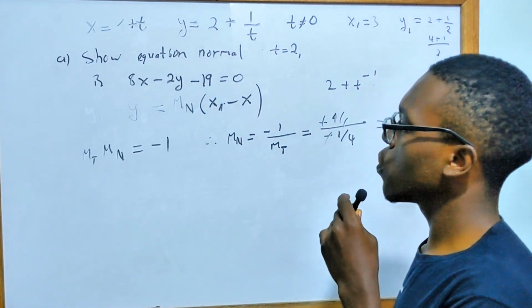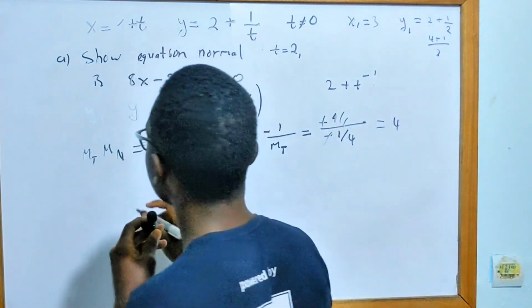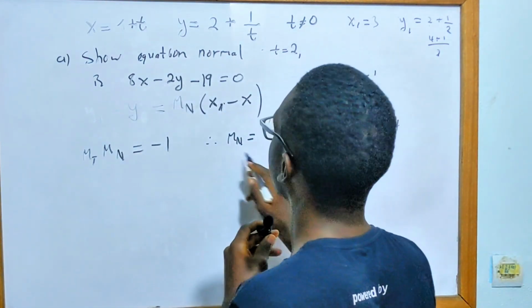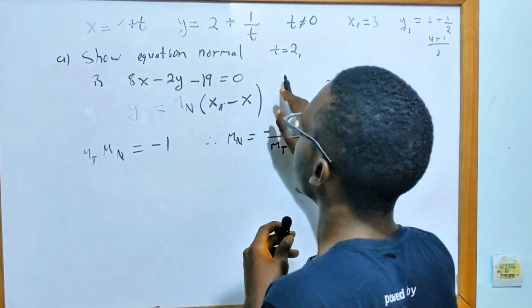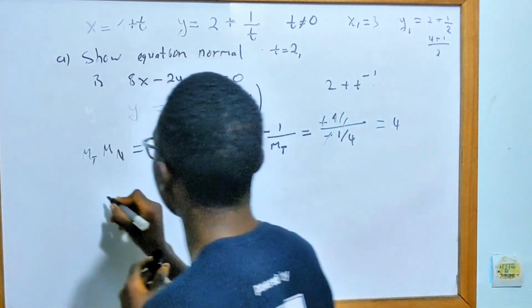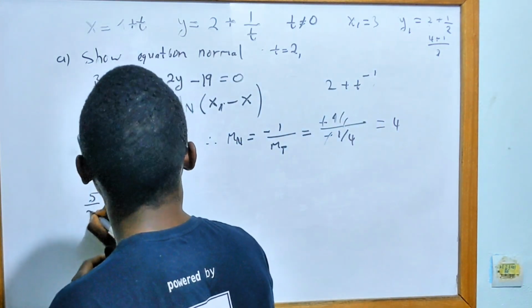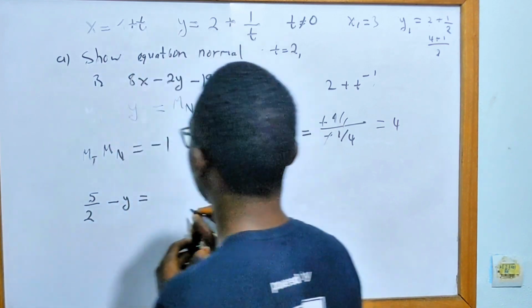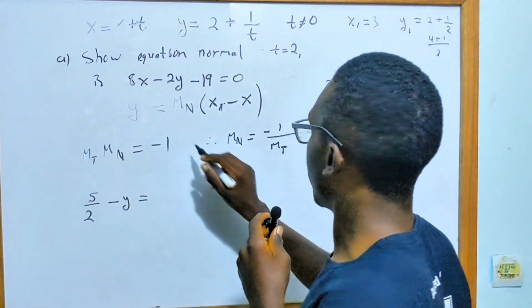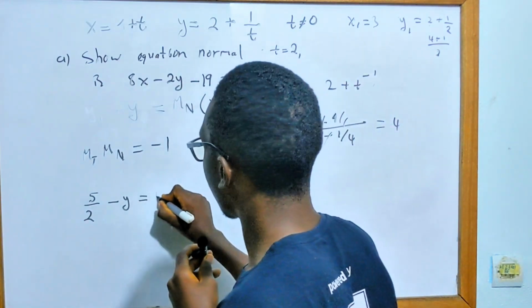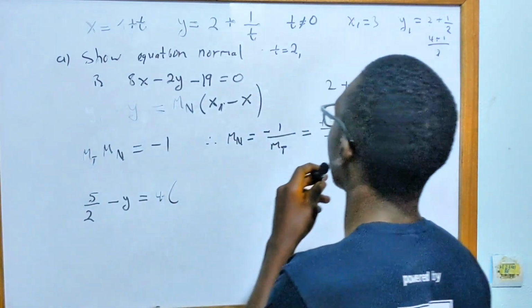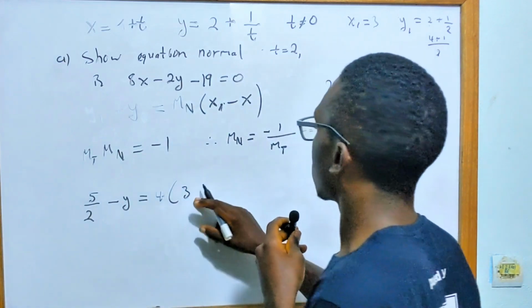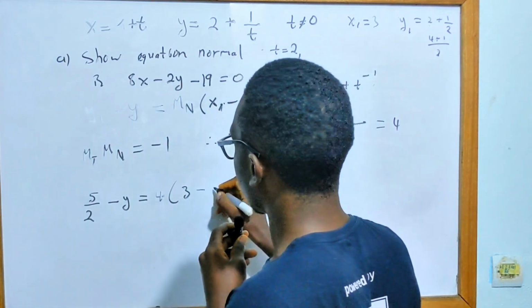Hence the new equation will be y minus y1, that's 5 on 2, minus y equals m of n, that is 4, into x1, what's our x1 again? 3, minus x.